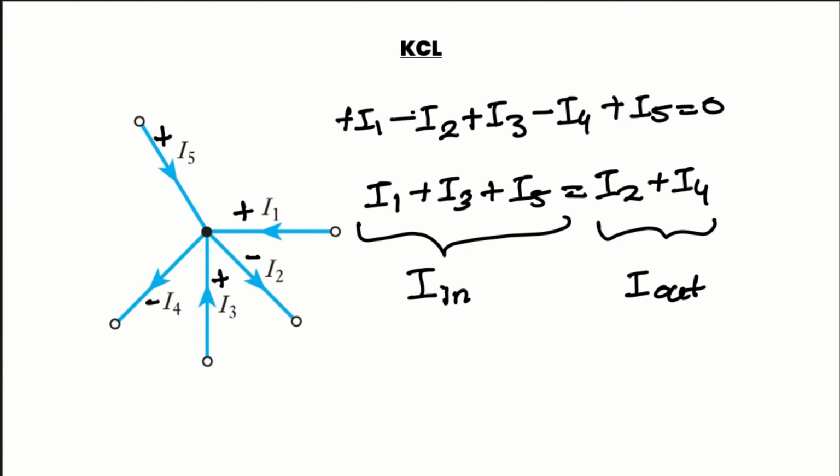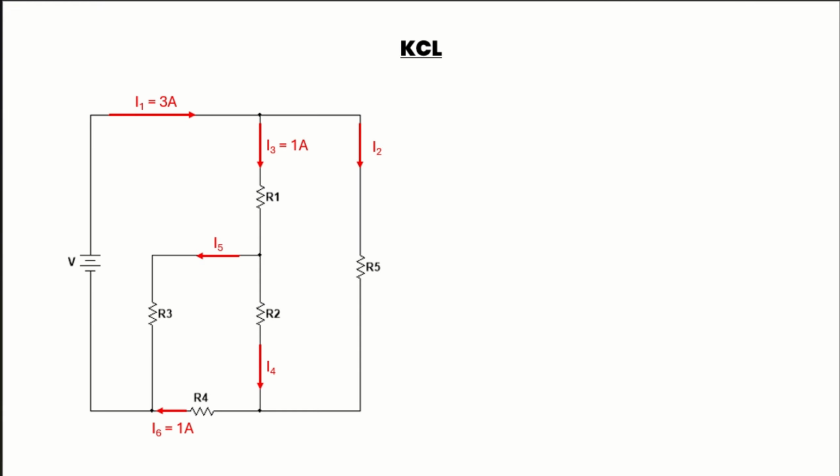Now we will move into a question. In this circuit, our aim is to find I2, I5 and I4, where the I1, I3 and I6 values are given. I am going to consider this junction as A, this junction as B, this junction as C. So at junction A, I am going to apply KCL.